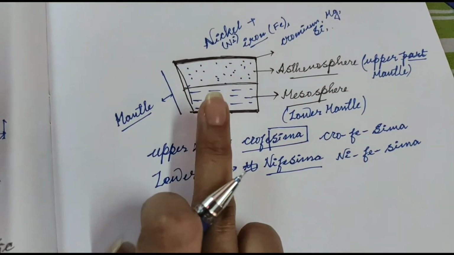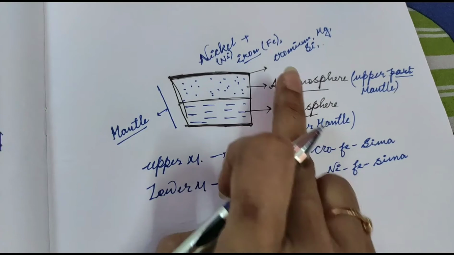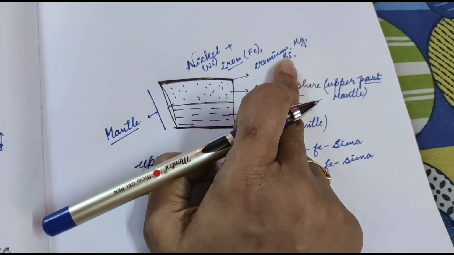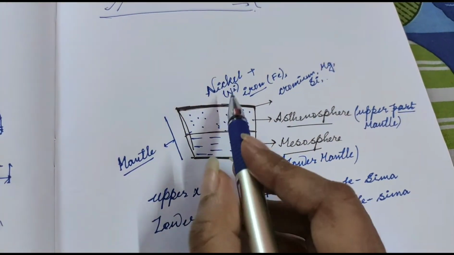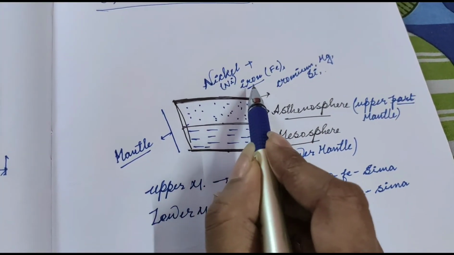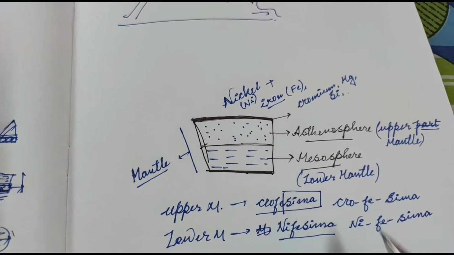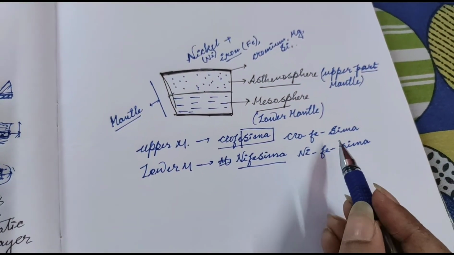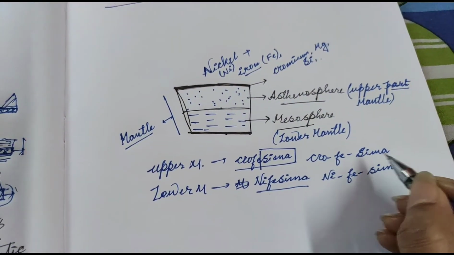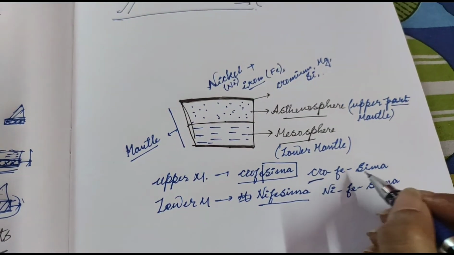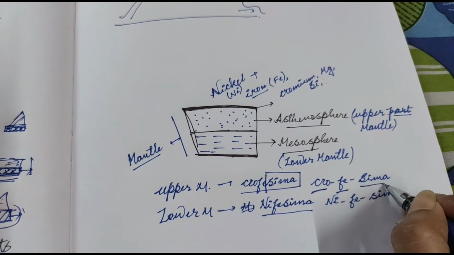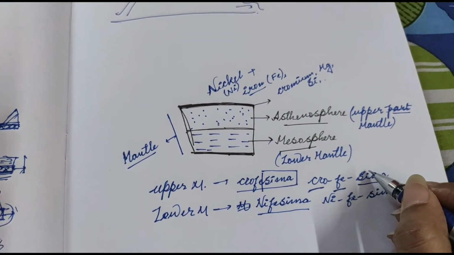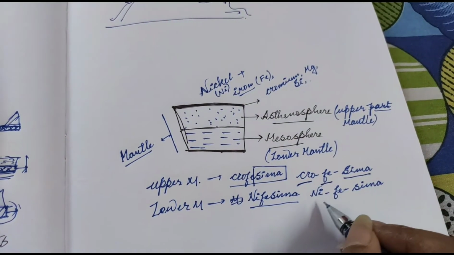In the mantle there are magnesium, silicon, chromium, nickel and iron. In Crofesima, Cr means chromium, Fe means iron, Sima means Si and Ma, silicon and magnesium.